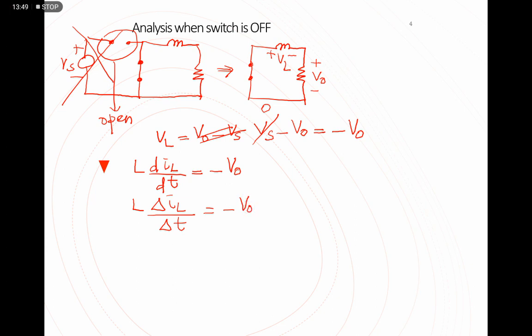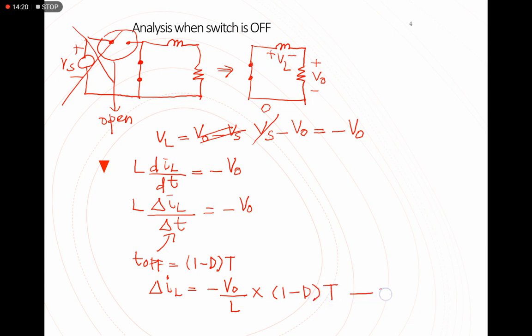We know that this is the turn-off time, when your switch is off, which is equal to (1 minus D) times T. So finally you will get this equation: delta IL when your switch is off will be equal to V0 over L multiplied by (1 minus D) times T. I name it equation number 2. So you have these two equations.